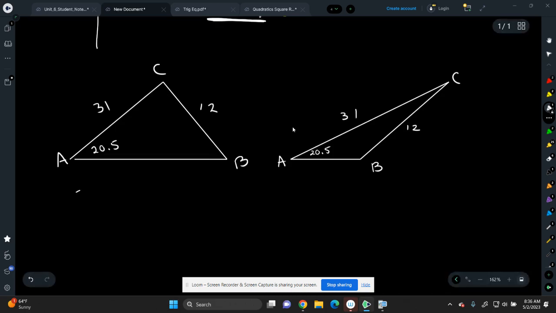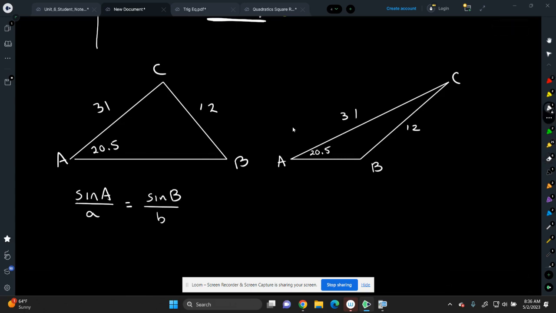So let's see, we have angle A and side A. We have side B, so we'll do sine B over B. Okay, let's plug everything in.